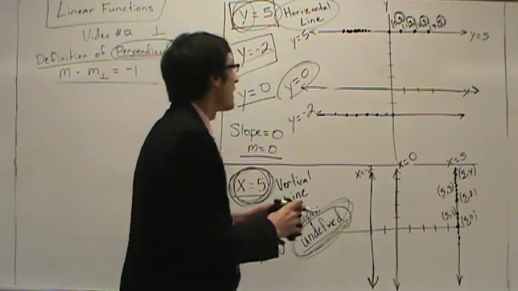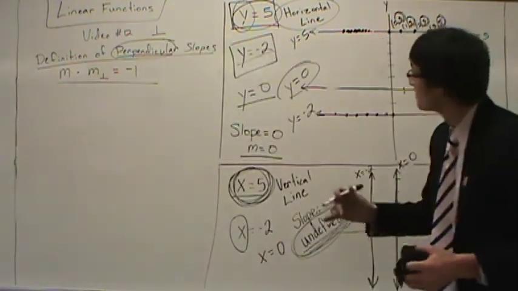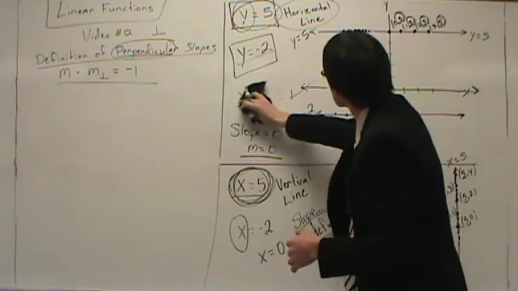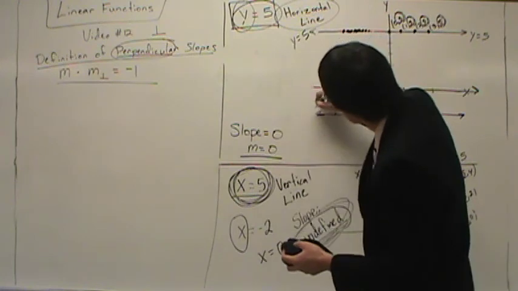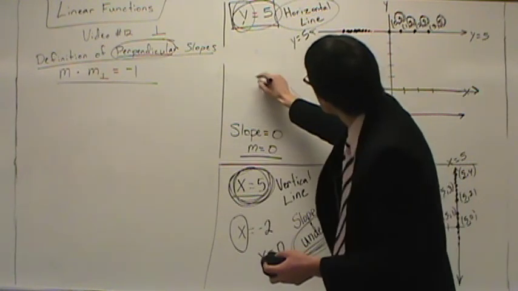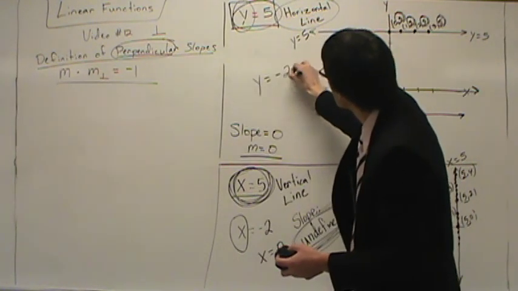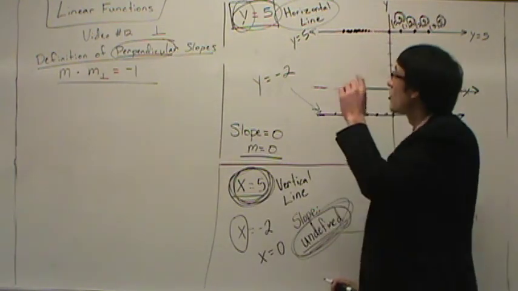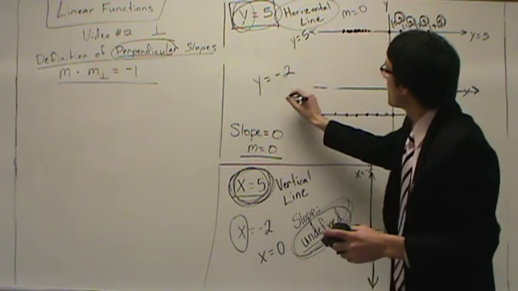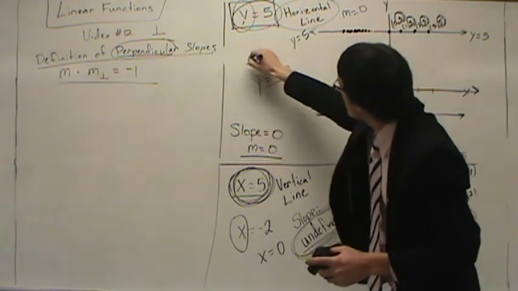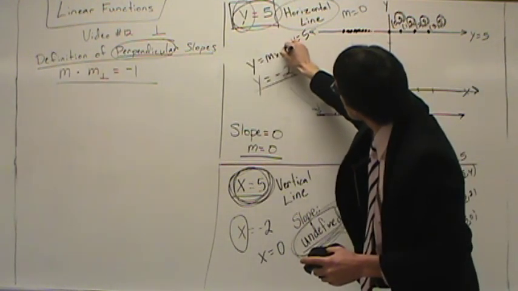Now, one way you can remember this: if I write the equation for this line down here, the equation is y equals -2. If you have trouble remembering that the slope of a horizontal line is 0, think of it this way. You know y equals mx plus b.